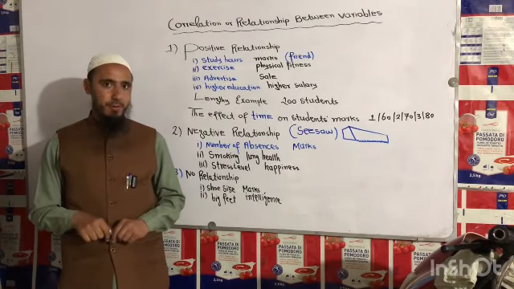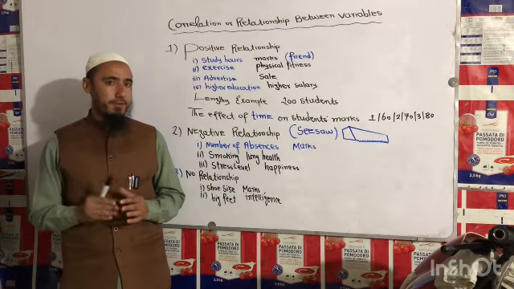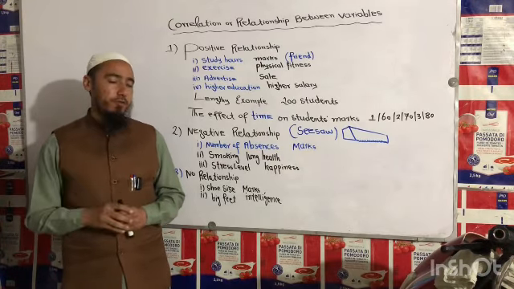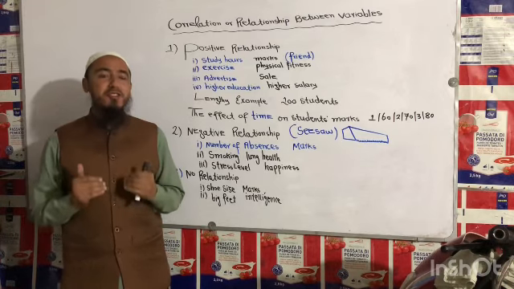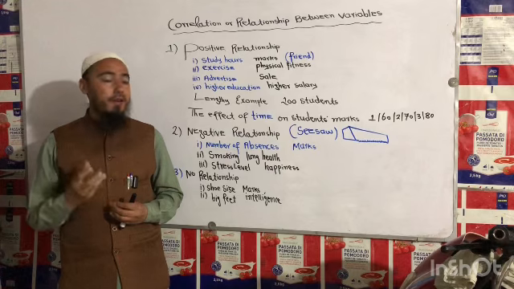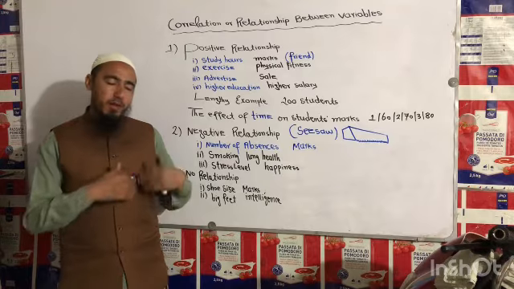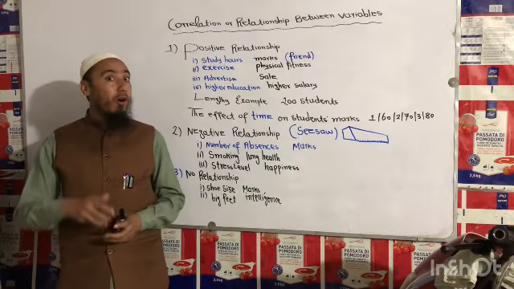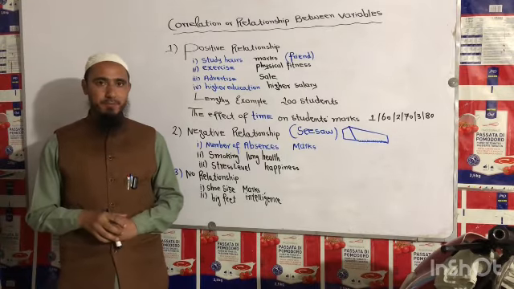Listeners and audience, if you are a researcher, either a qualitative researcher or a quantitative researcher, you must know the relationship between variables, whether a positive relationship is there, a negative relationship is there, or no relationship is there.